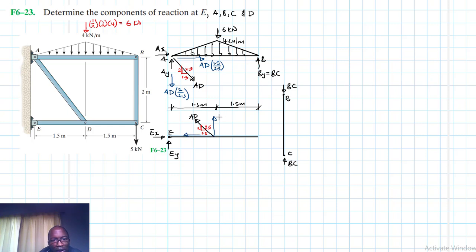This component there we said is AD times 2 divided by 2.5, and then we have another component here, which is AD times 1.5 divided by 2.5. And then finally, at C, we do have an applied force of 5 kilonewtons, but we also have another one coming from the two force member, which is BC.